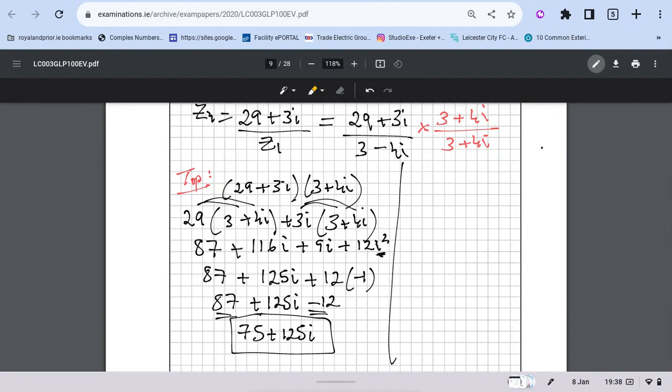Now do the same for your bottom. And when you multiply a complex number by its conjugate, you will always end up with just a number. So there should be no i's left in the final answer here at the bottom.